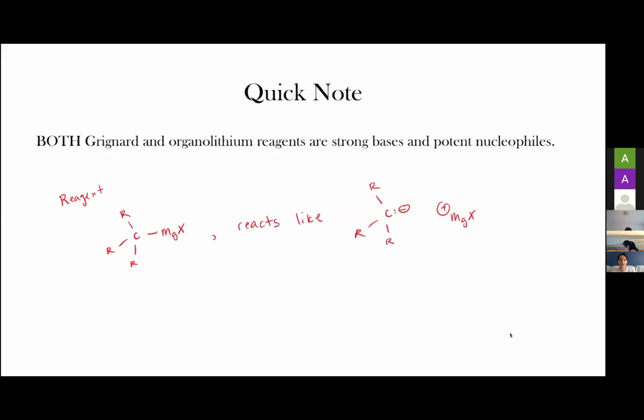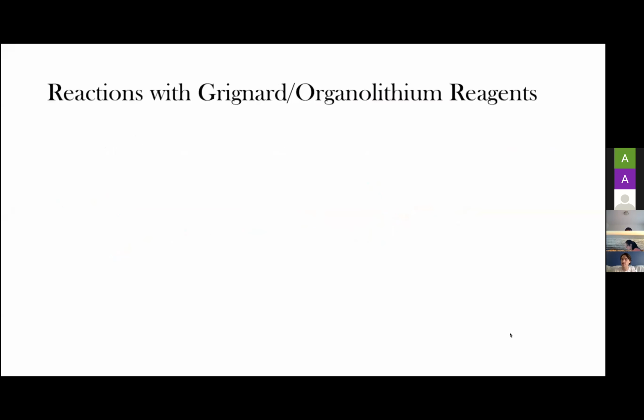Okay, yeah. So this part of the lecture is going to go pretty quickly, since this stuff I think is fairly straightforward. So let's just take a look at the reactions with those. If we have our, say, CH3CH2, I'm just going to draw it as if there's a full negative charge here, and we'll have our MgX.